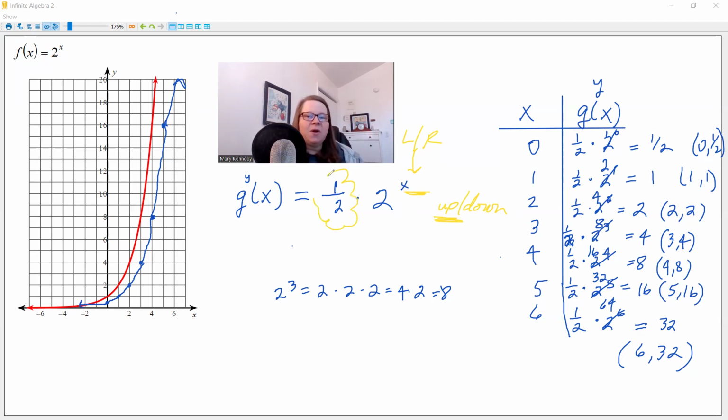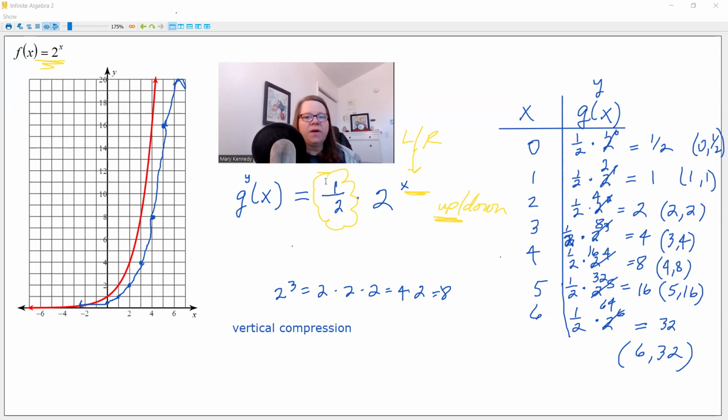The difference from our original function here is that we have this 1/2 in front. And when you have that, you have what's called a vertical compression. It is called different things, but we'll call it a vertical compression. Sometimes you'll see vertical shrink.